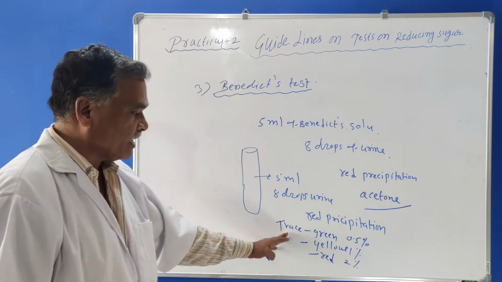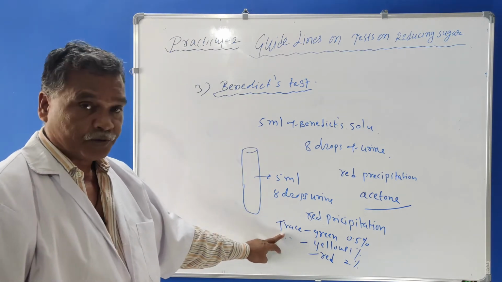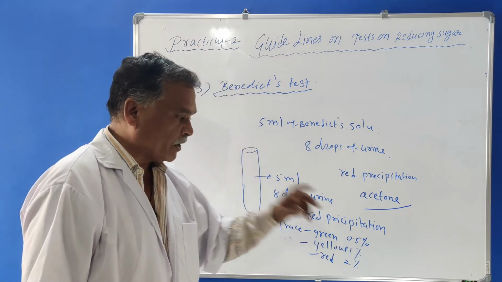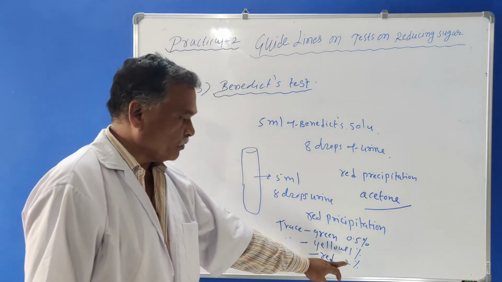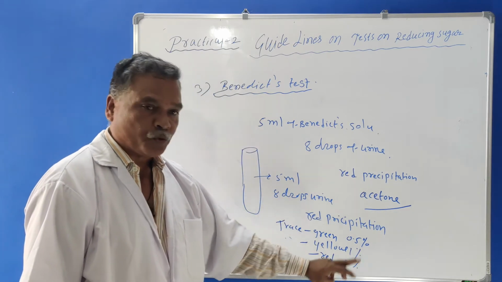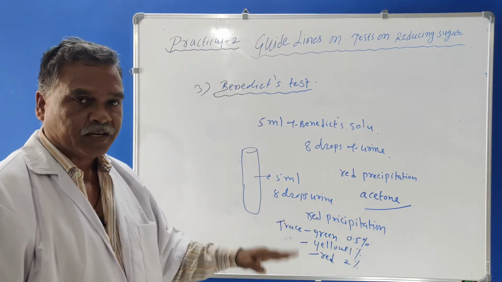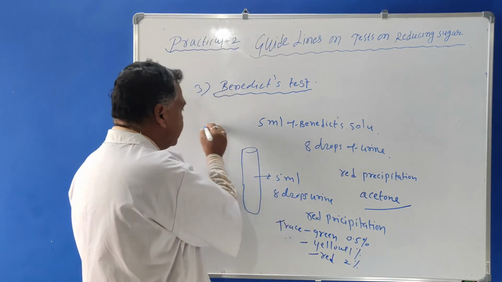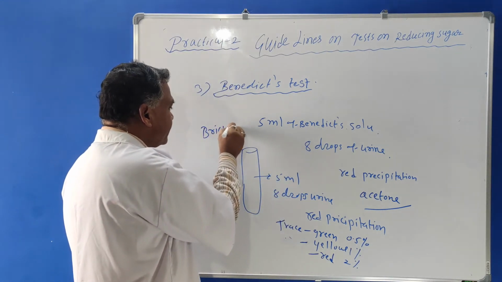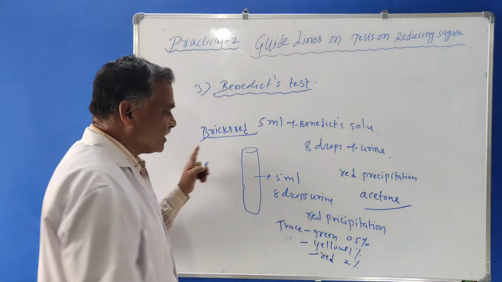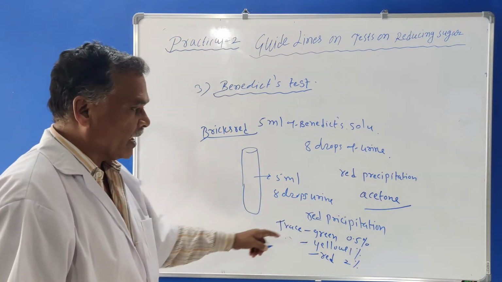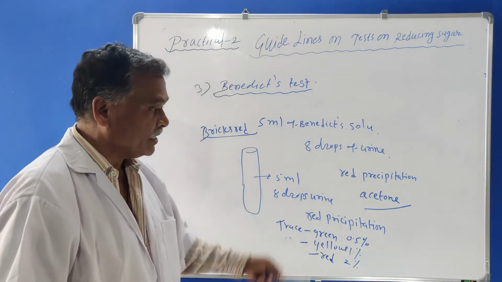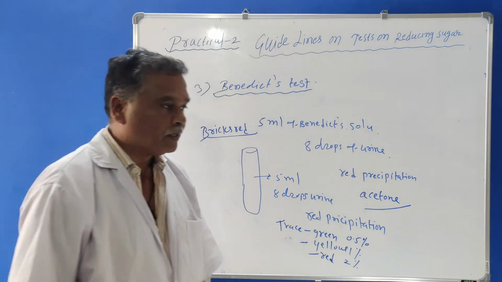So these colors can be seen during the boiling: trace, that is green color, 0.5%; yellow color, 1%; red color, 2%. This is the situation of the colors during the boiling, and after 2 minutes we get the brick red color. After brick red color we get the presence of acetone in the urine. So you must know the steps are carried out in such a manner.